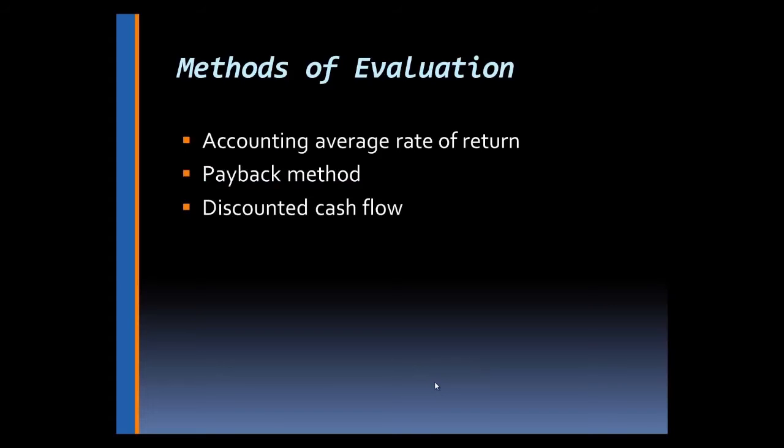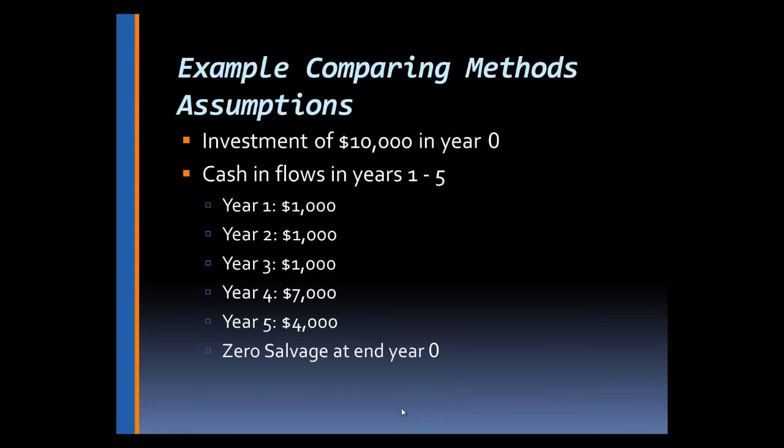There are three basic methods of evaluation that are accepted: the accounting average rate of return, the payback method, and the discounted cash flow. I want to discuss these and show you the deficiencies of each and the positive aspects of each of them.